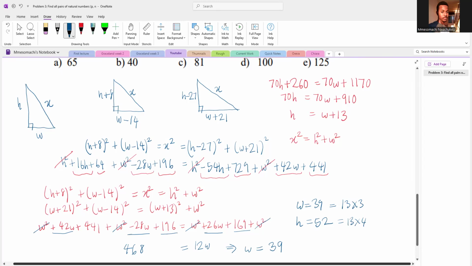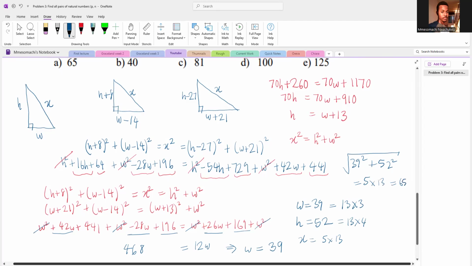For those of us who are already conversant with Pythagorean triples, X is going to be equal to 5 times 13, because we have a 3, 4, 5 Pythagorean triple here. Now you can still do it manually to get the same result. So we have 39 squared plus 52 squared and take the square root. This should give you 5 times 13, which is 65.